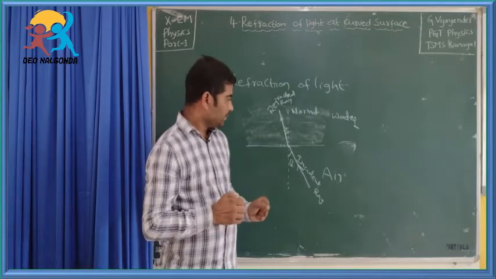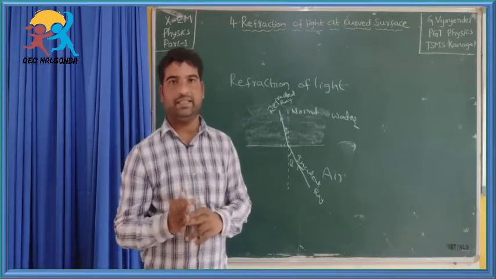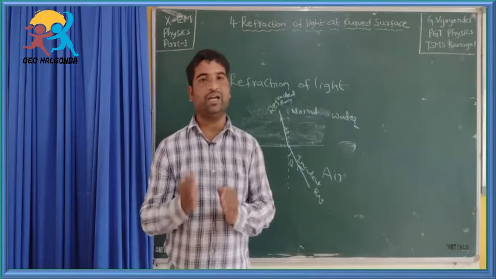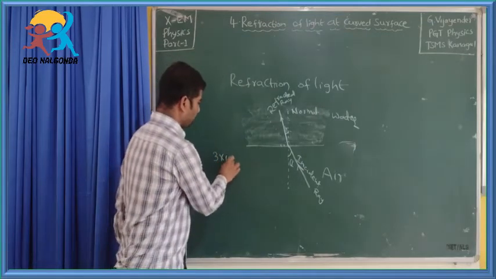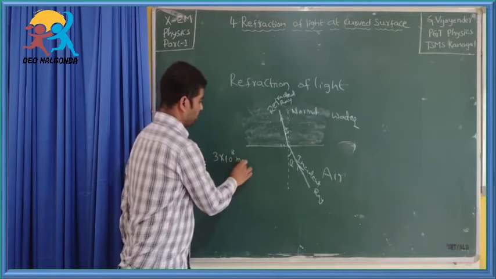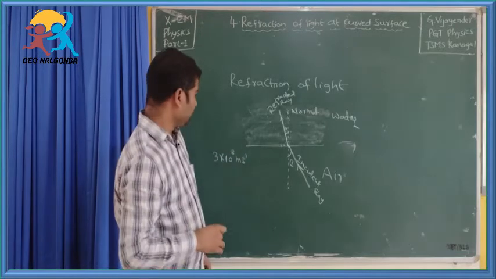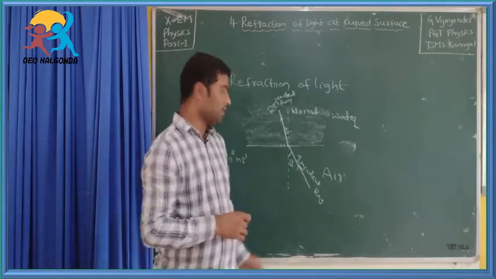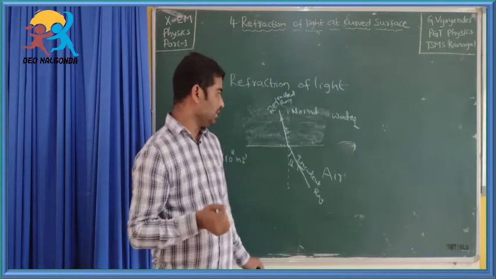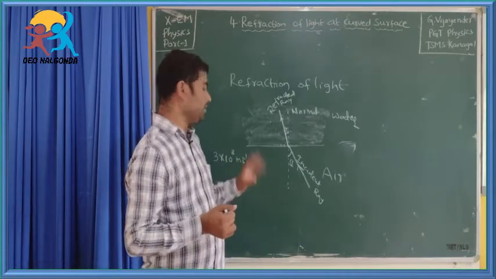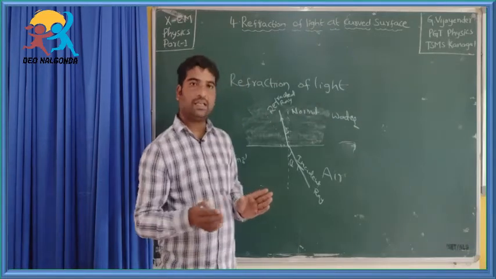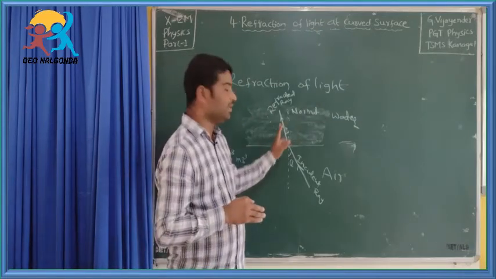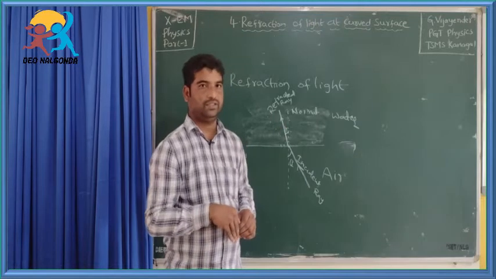The velocity of light is highest in vacuum, that is 3 × 10^8 meters per second, and it is also nearly 3 × 10^8 in air. But when the light travels in water, its velocity decreases.